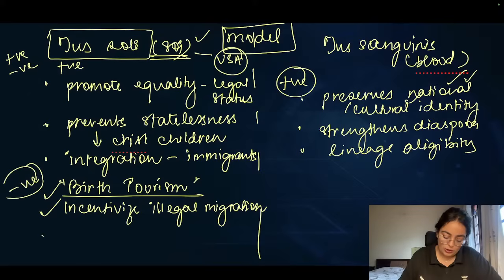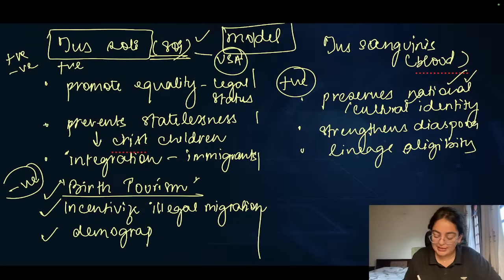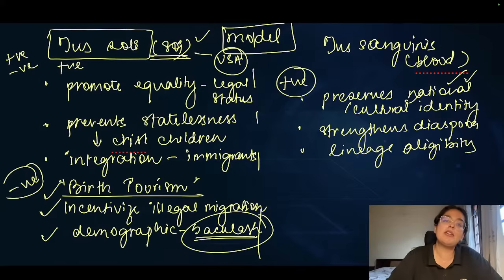And of course, this can also lead to various demographic concerns. That means excessive mixing can create a backlash by the native population against excessive immigration. Right? Especially during times of high immigration, there can be problems relating to demography, politics, etc.